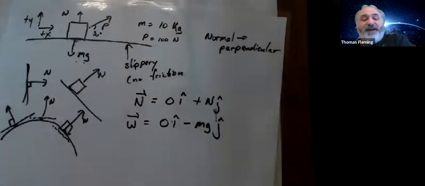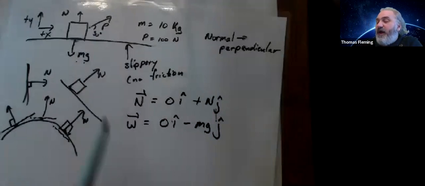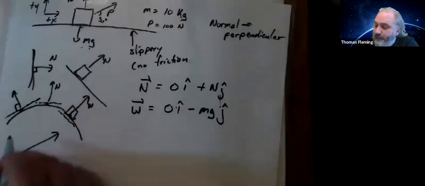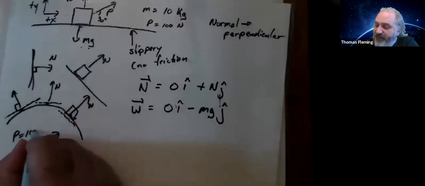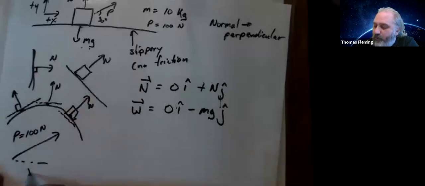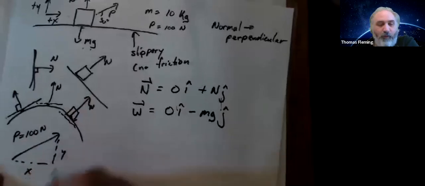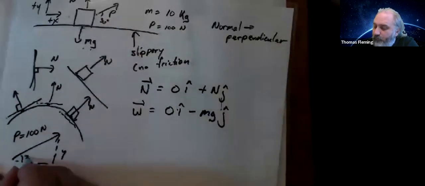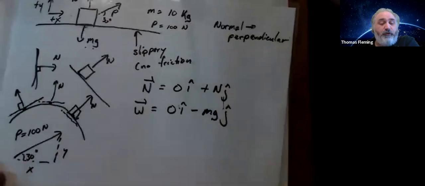And how do I find out how much of it is in each direction? I use SOHCAHTOA. Right, P is diagonal. It has a length of 100 newtons. There's the x component. There's the y component. And this angle was given by the problem to be 30 degrees.